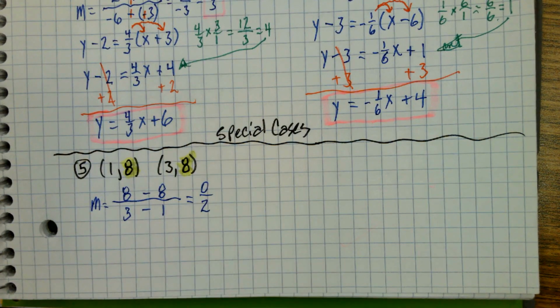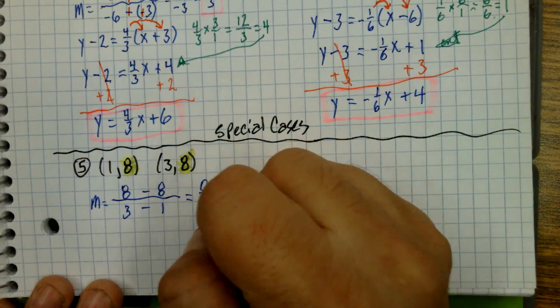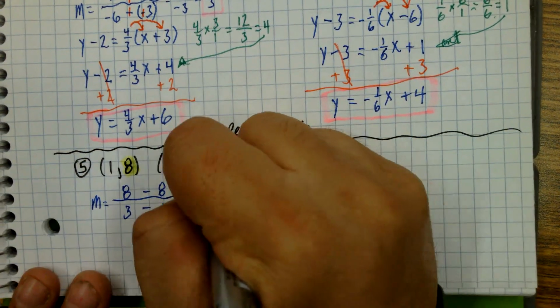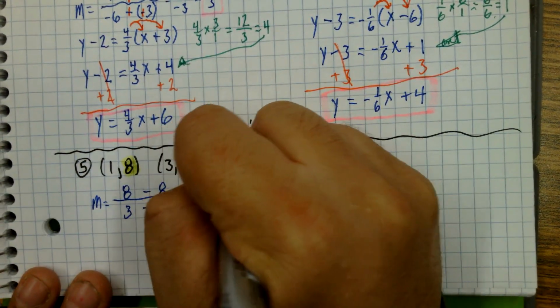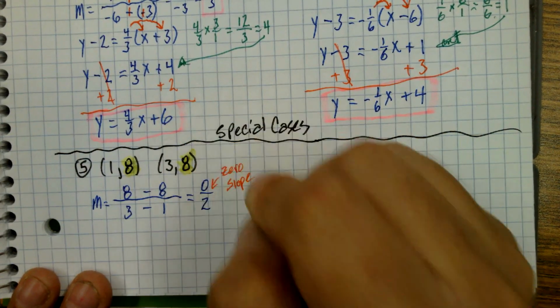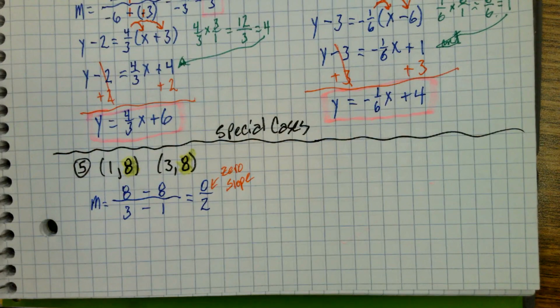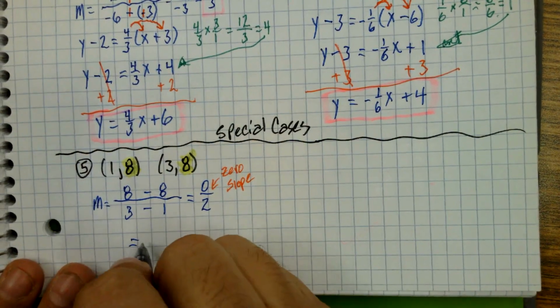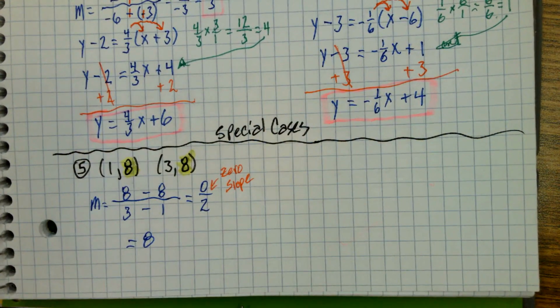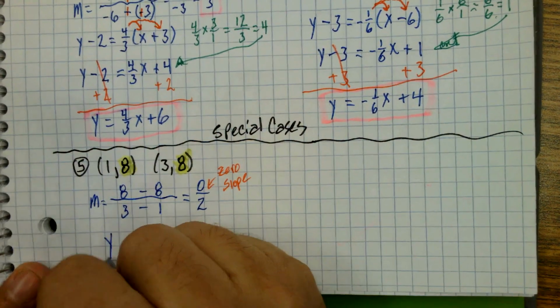This is 0 divided by 2. So this is a 0 slope. Well, it's going to be equals 8. Because 8 is the common y value. And the equation is y equals 8.